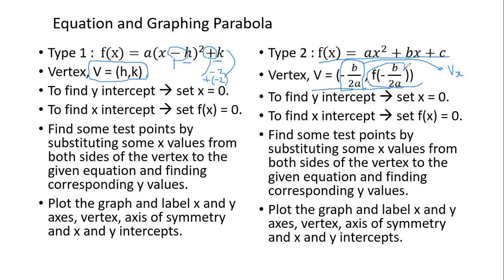What you have to do is substitute this vx value in the given equation. Substitute it here and here. Then you get the corresponding f(x) value. That is the y coordinate of the vertex, vy.